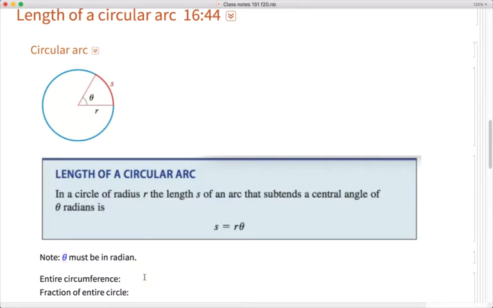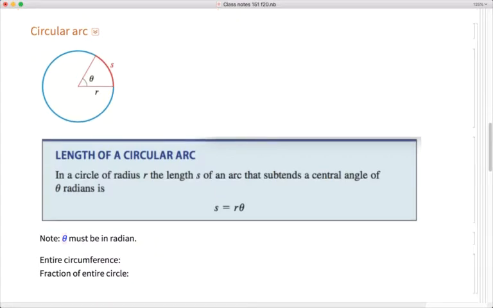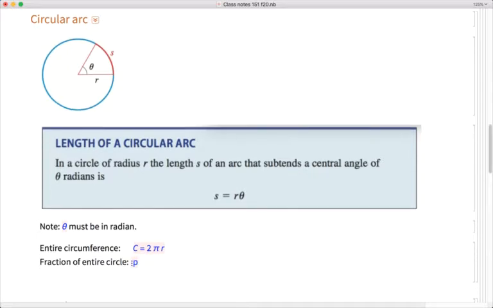Okay, so remember the formula for the circumference of a radius r circle, so the entire circumference is going to be 2 pi r. And then what we want to look at is what fraction of the circle the angle subtends.